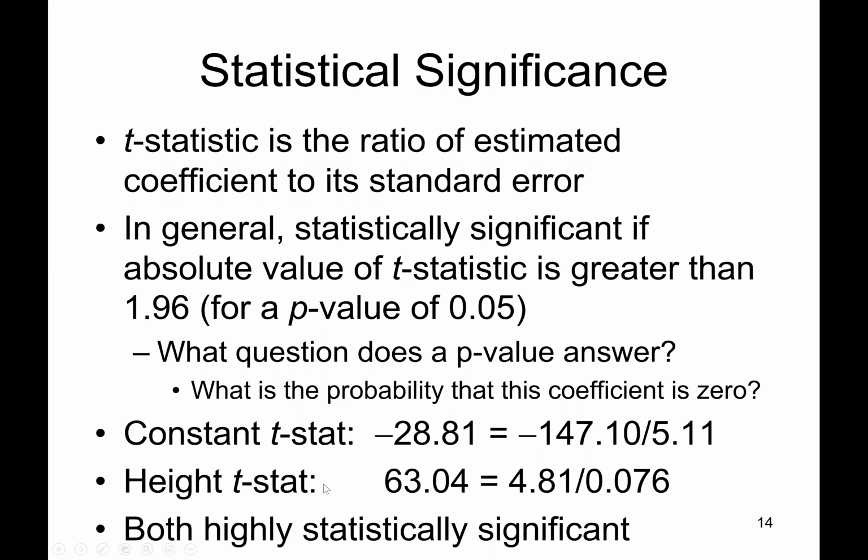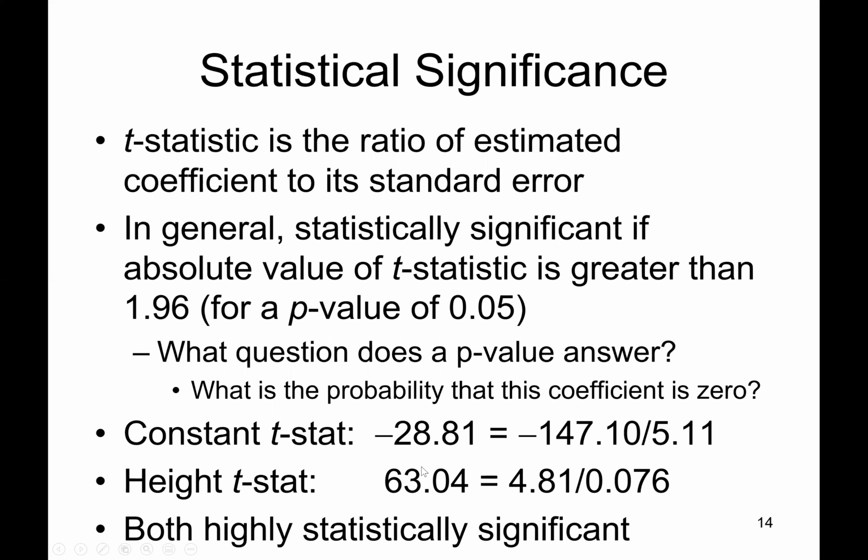Similarly, for our height t-statistic, we've got 63.04, and that's calculated as 4.81 divided by the standard error of the coefficient. So 4.81 divided by 0.076 gives us our t-statistic, and this is very statistically significant.